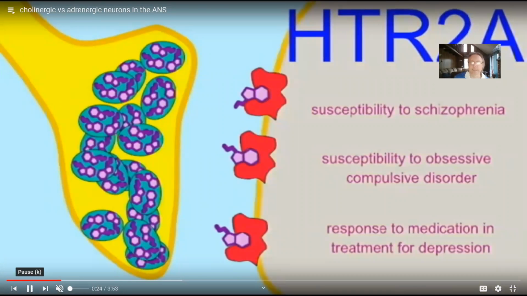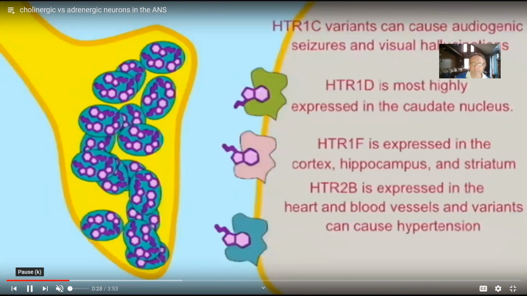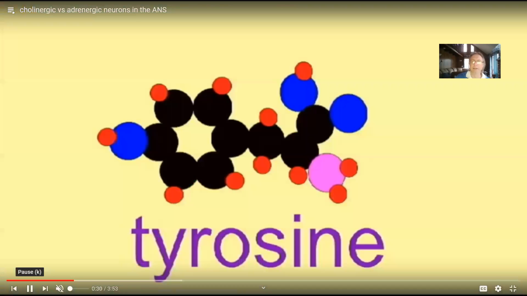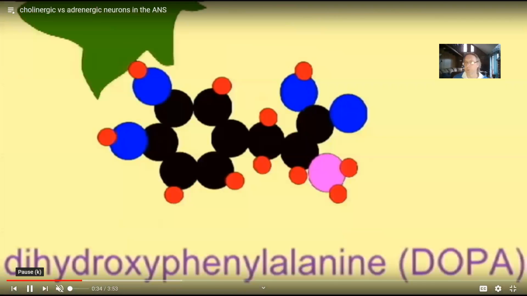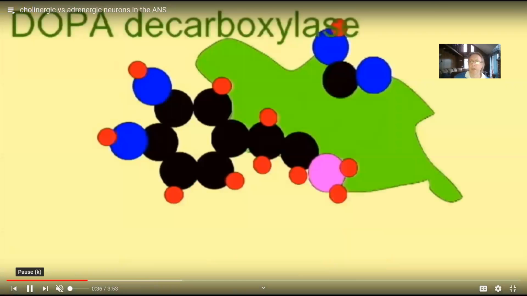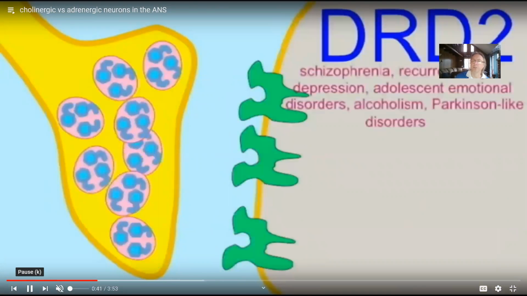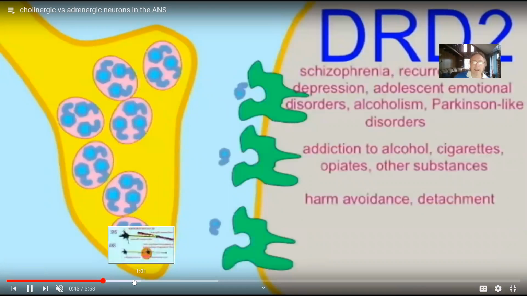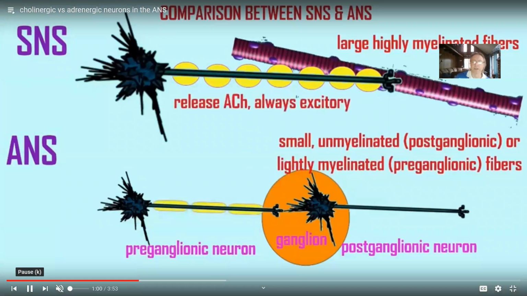And in the same way, when we look at acetylcholine and norepinephrine, there will be some cells which make it and other cells which make the receptors for it. So a neuron which makes acetylcholine is called a cholinergic neuron. A neuron which makes norepinephrine is called an adrenergic neuron.